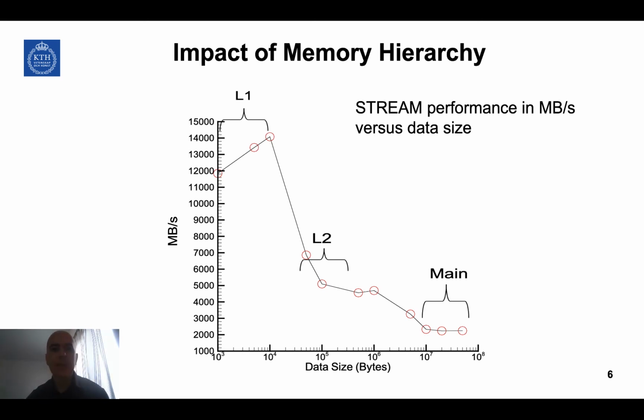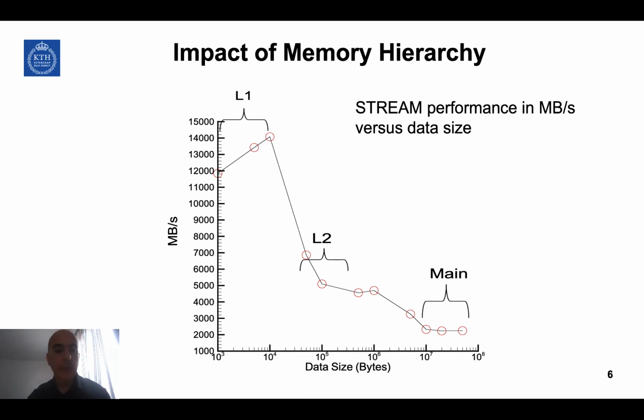So what is the impact of the memory hierarchy on the performance of our application? Here we run the stream benchmark to obtain different values of the bandwidth. On the x-axis, we have the data size in bytes, so we are streaming arrays of different sizes, and for each size we measure the bandwidth.